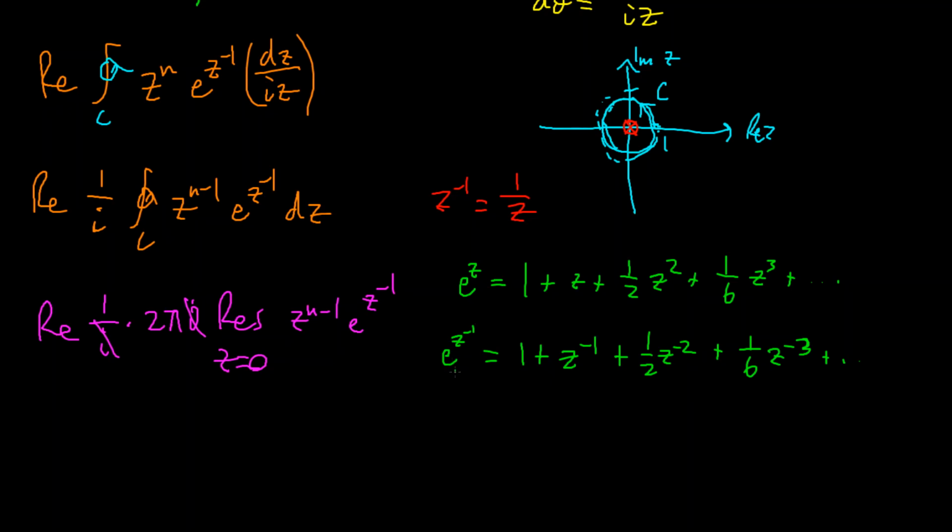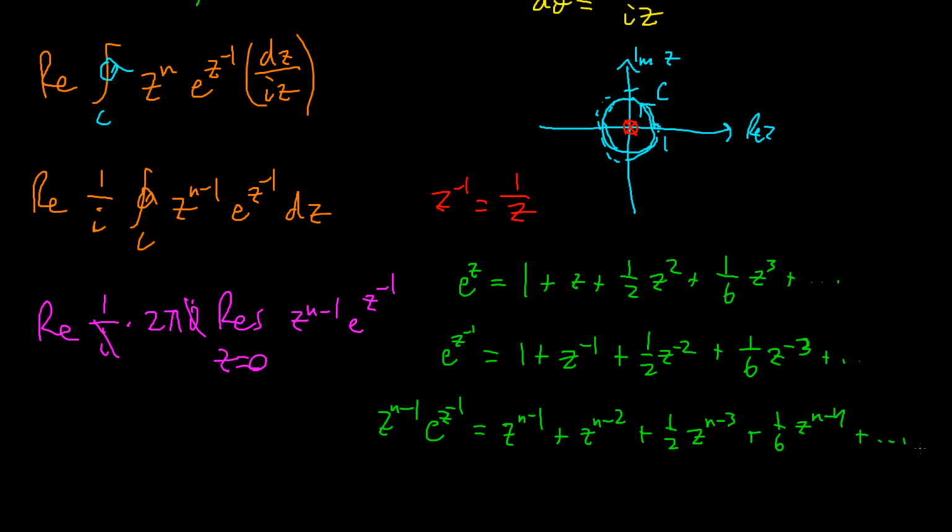But what I have is not just e to the z to the -1. What I have is z to the n minus 1 times all of that. So I'm going to multiply this entire power series by z to the power of n minus 1. That becomes z to the n minus 1 plus z to the n minus 2 plus 1/2 z to the n minus 3 plus 1/6 z to the n minus 4, and so on.